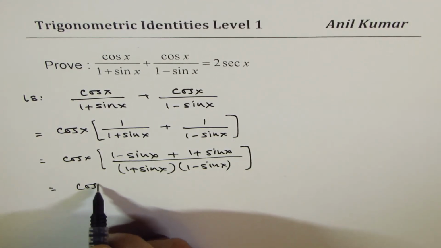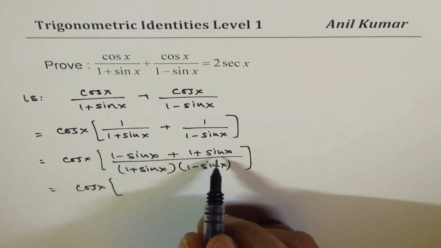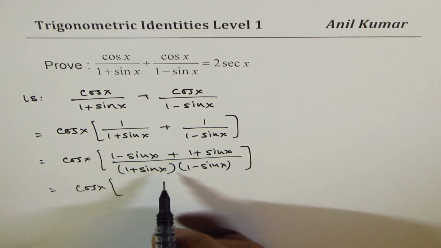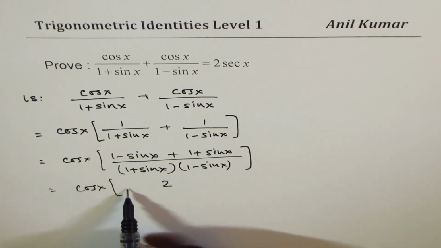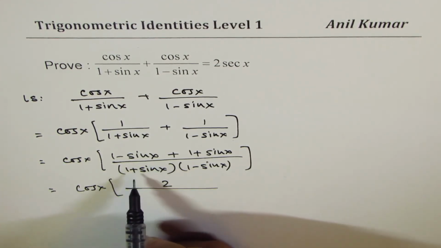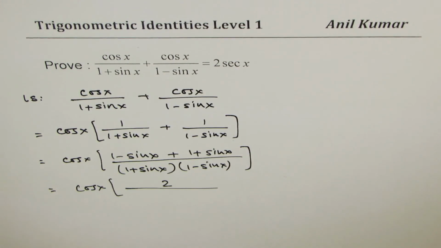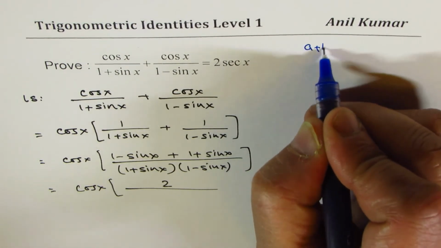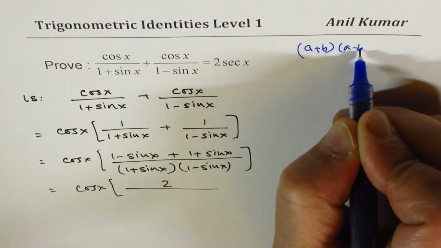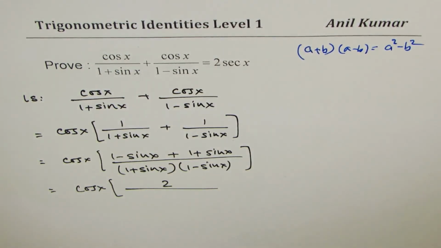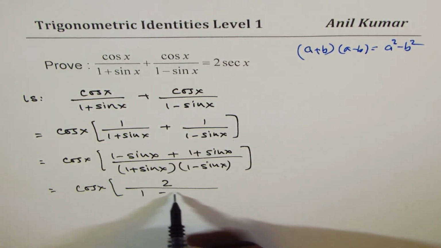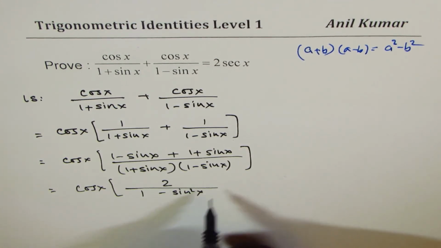Now we get cos x times, the numerator becomes 1 plus 1 as 2, minus sin x plus sin x is 0. In the denominator, a plus b times a minus b is what? A square minus b square, correct?